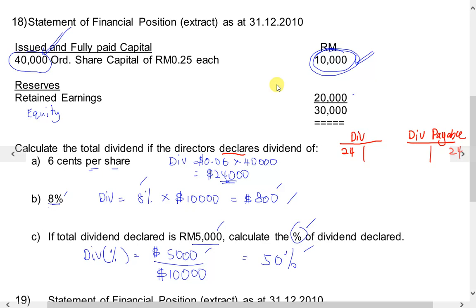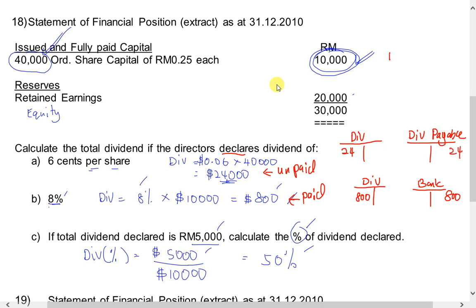If the dividend is already paid, the double entry is debit dividend 800, credit bank 800. If it's unpaid, you credit dividend payable. Same as purchase.